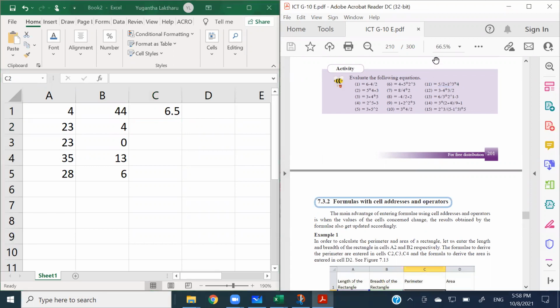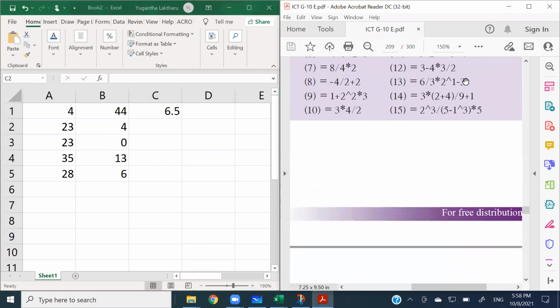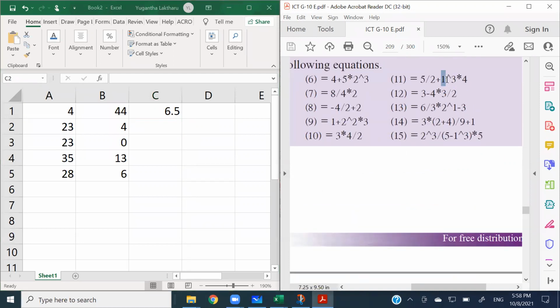So here, what is happening? First, 1 into 3 is happening, right? 1 into 3 means 1 to the power 3. That means 3, right? Then 5 divided by 2 is happening, 2.5.